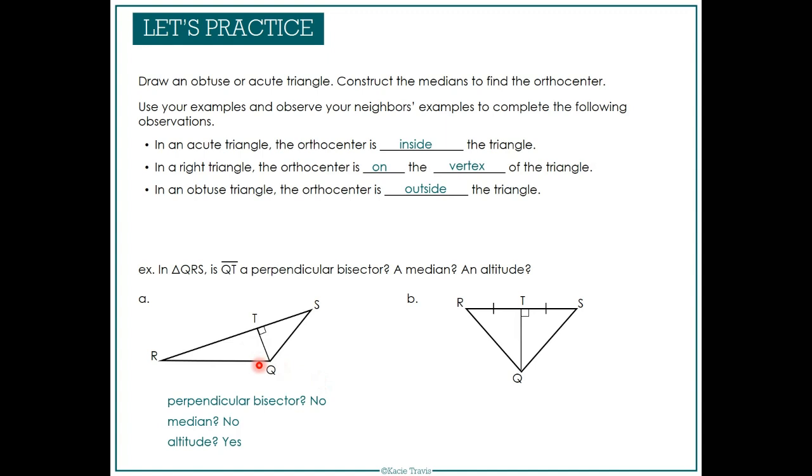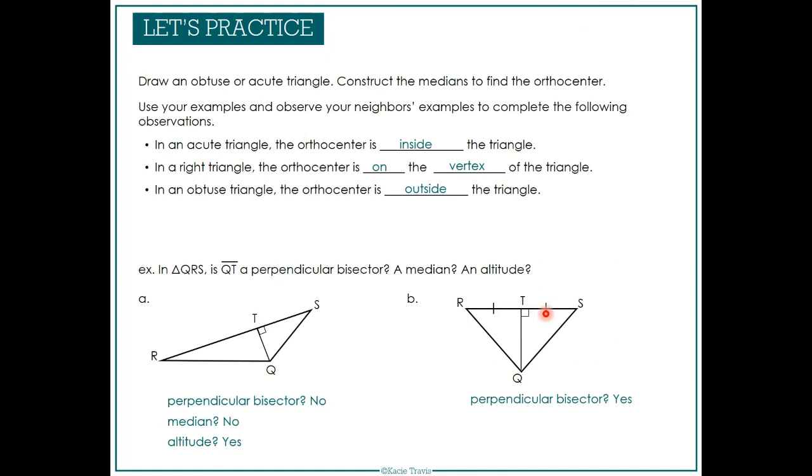Now, when we look at B, I see that QT meets RS at a right angle. It also is cutting RS into two congruent parts. So it is perpendicular. It is at the midpoint of this, making it a bisector. So it is a perpendicular bisector.